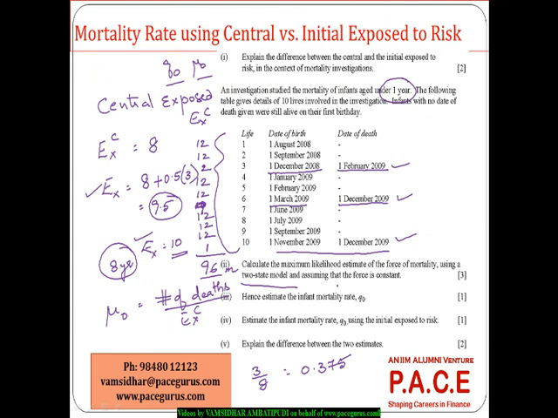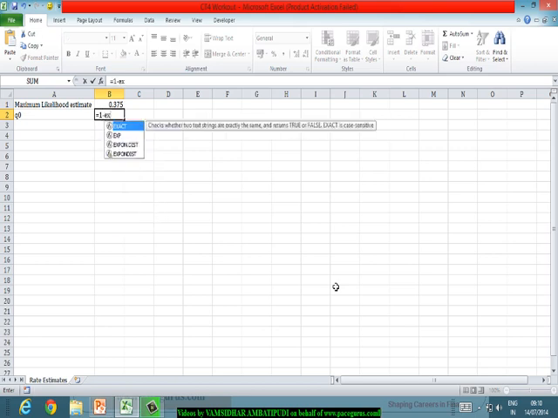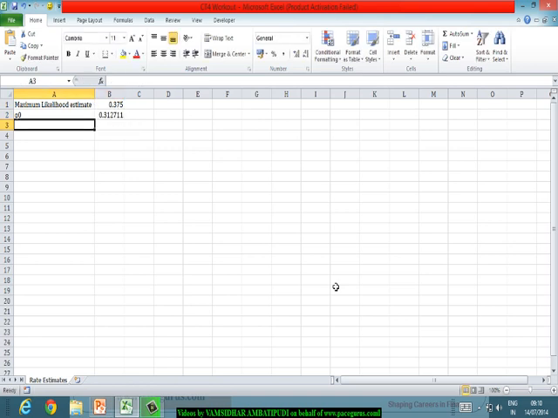But we are more interested in finding the infant mortality rate Q0. So Q0 comes out as 1 minus e to the power of minus mu 0, which works out to around 0.31.